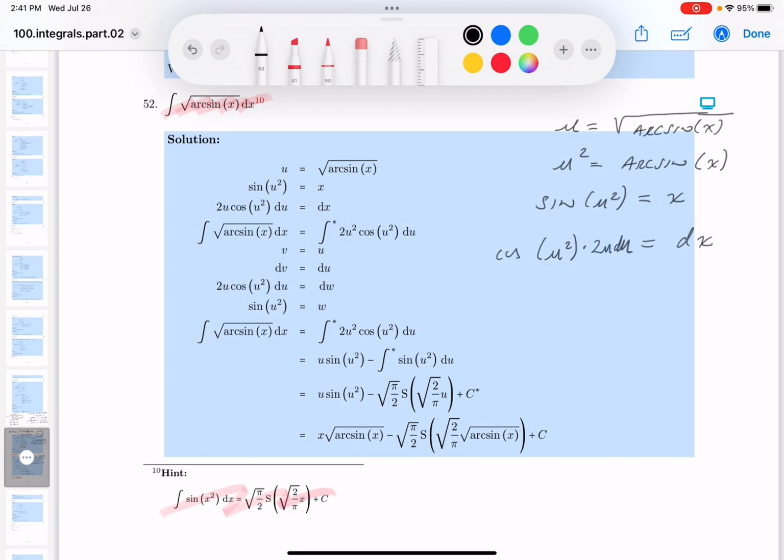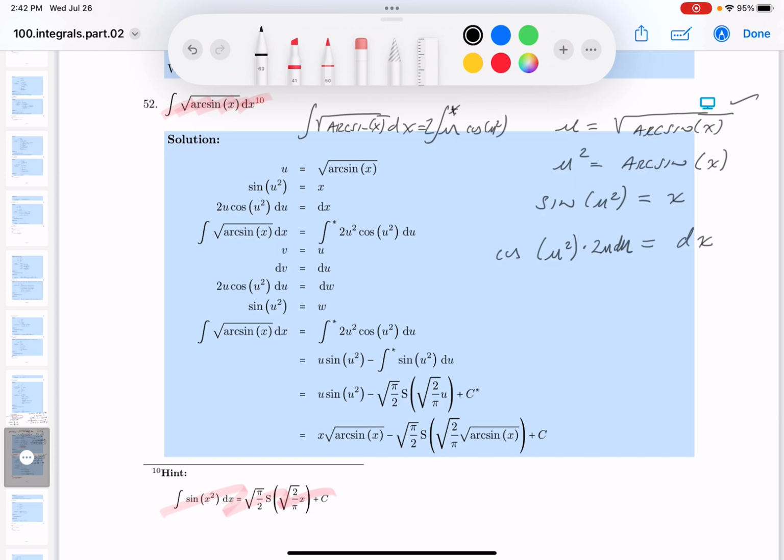All right, let's go back up here and sort of write down what I think I can write down. That's arc sine of x dx, and I'm sorry, I didn't mean to go so quickly with that, equals, I'm going to go to the land of u's now, so it's going to be u, that's from this over here, and then the dx is equal to cosine u squared, 2u.